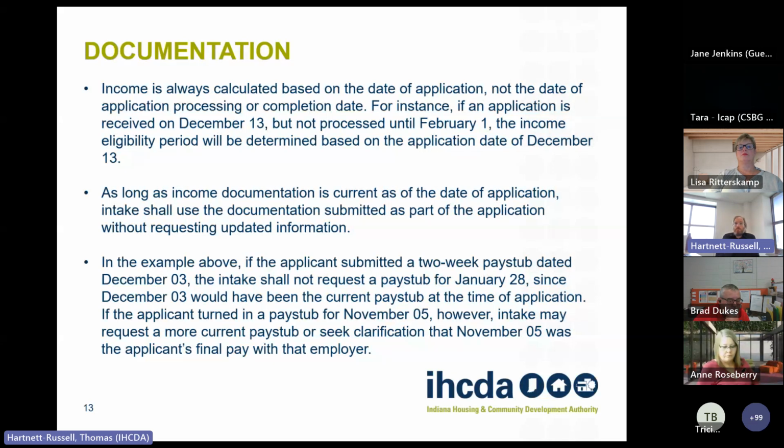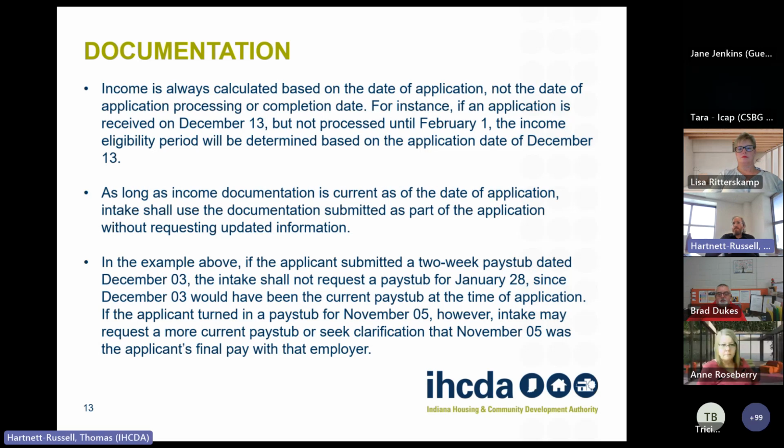And the same thing goes if the applicant does not turn in income at the time of application: you're going to need that pay to be within 91 days of December 13th in order to be correct for the application date. Or for the 3 complete months, you would be considering September, October, and November.